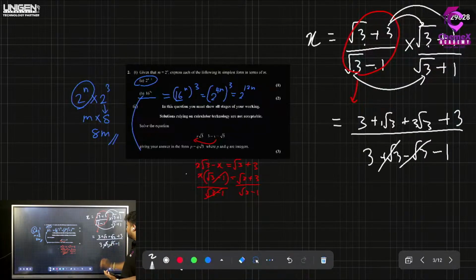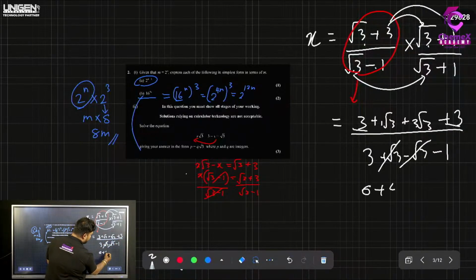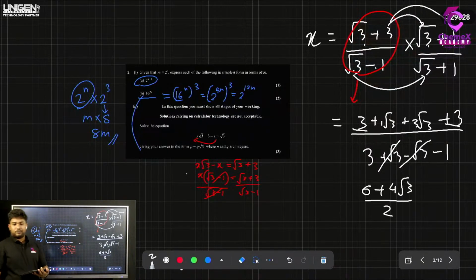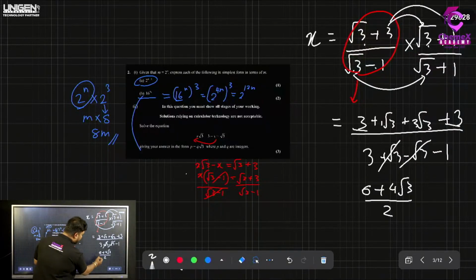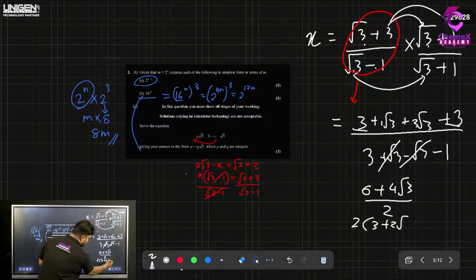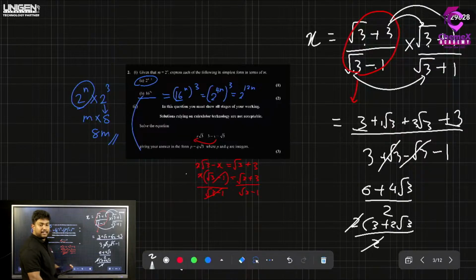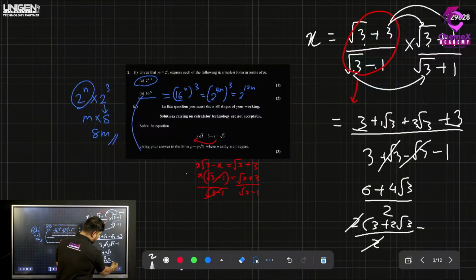So these two get cancelled off. Okay. So then what do you remain with? 3 and 3, it's 6. 6 plus 4 root 3 divided by 2. Okay, so you can simplify this. You can take the 2 out. If you take the 2 out, 3 plus 2 root 3 divided by 2. So 2 and 2 cancel off. So what's the final answer you get? 3 plus 2 root 3.